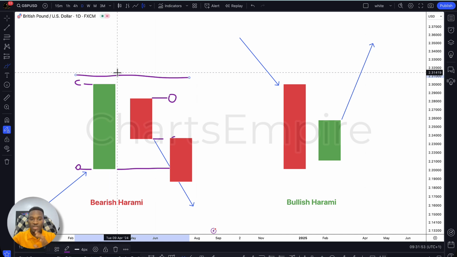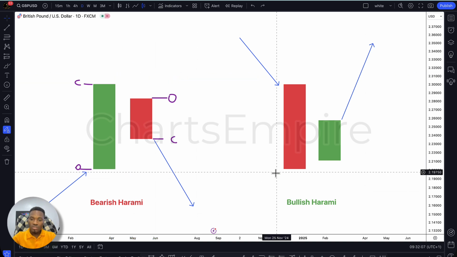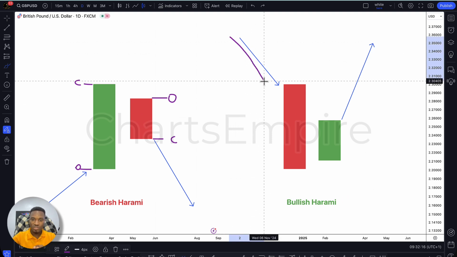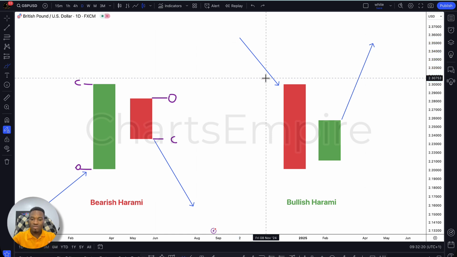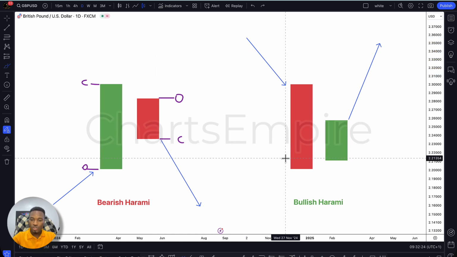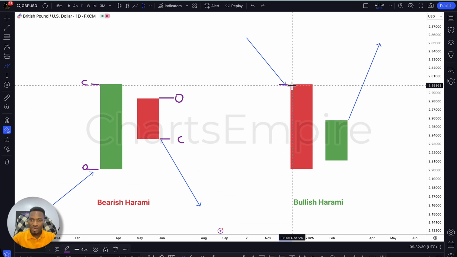Right, now let's move to the opposite of the bearish Harami candlestick. The bullish pattern of the Harami is what we call the bullish Harami. On this price chart, price was going downtrend. That means the sellers were pushing the price down, and the last candlestick resulted in a bearish candlestick. So we have the opening of the bearish candlestick at a higher level.